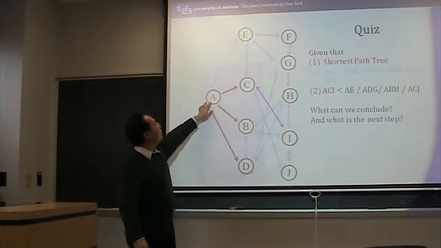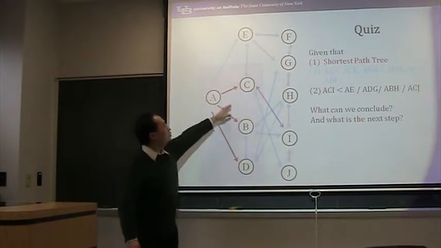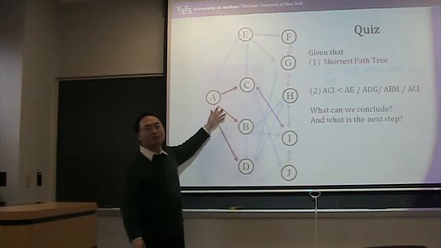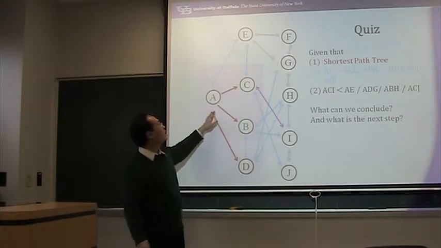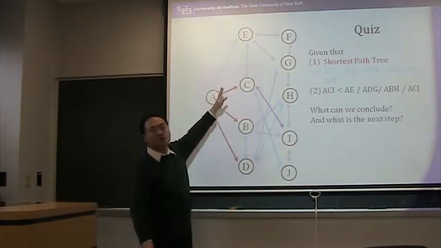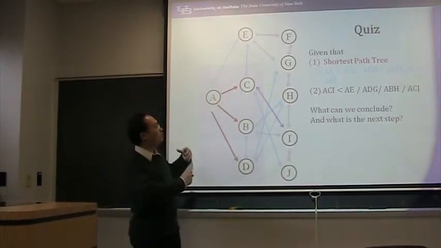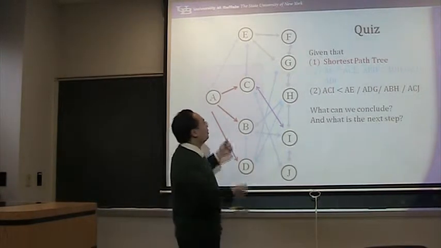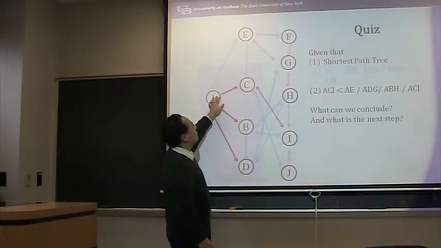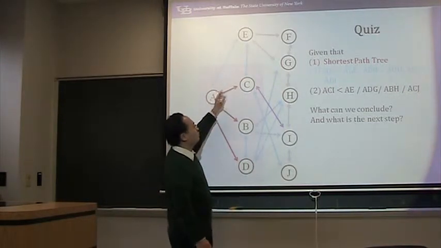So from A to E, using this shortest path tree, there can be two paths, AE or ACE, right? And we know that from the calculation we previously did, AE is less than ACE.